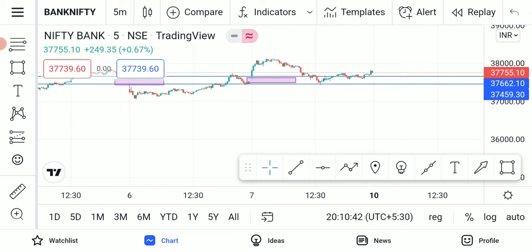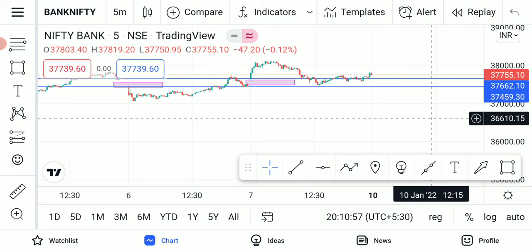At 400 the premium is a little more. And as you get closer to the current levels, the premium will be more. So if you take far away, the premium will be less. If you buy more lots, even a small move of 10 or 20 points makes a lot of difference. I hope you also use this technique and benefit from Bank Nifty trading.